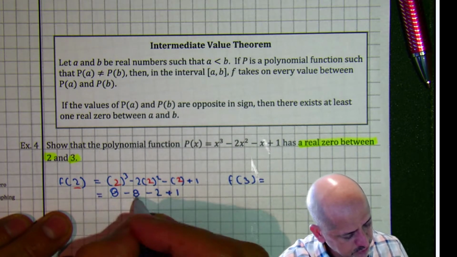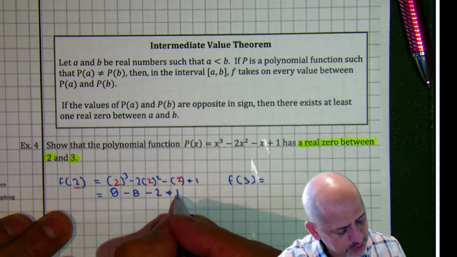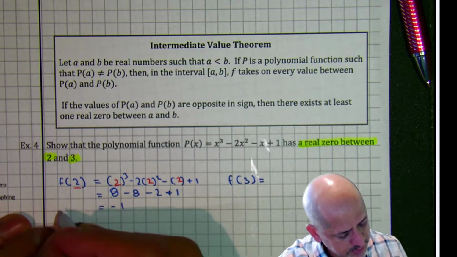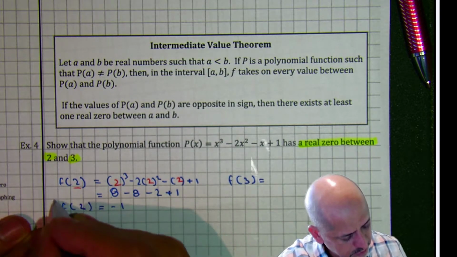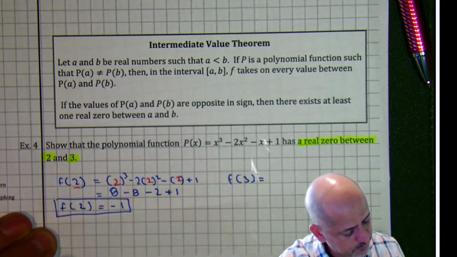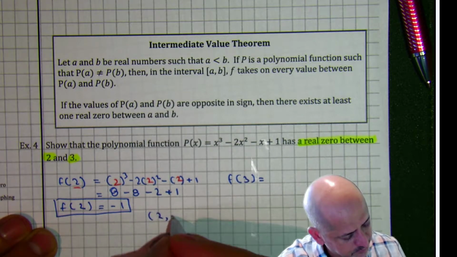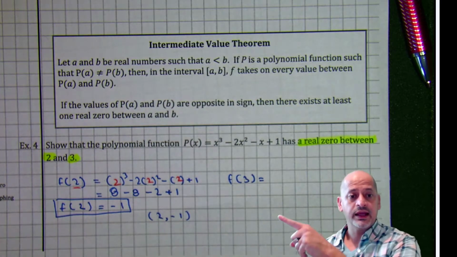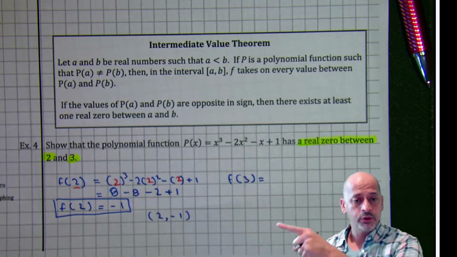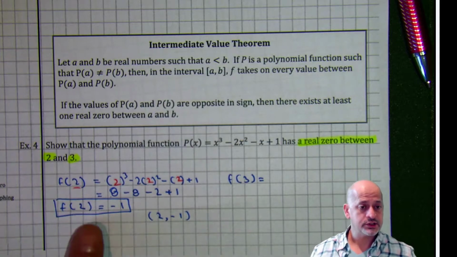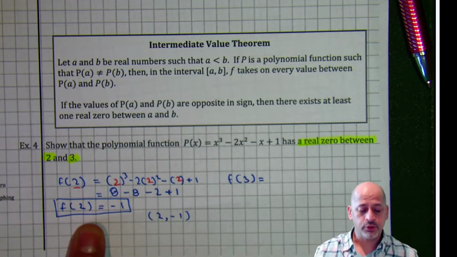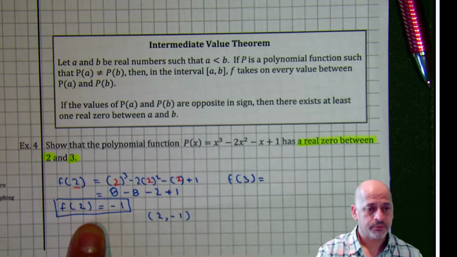So that's 0. Negative 2 plus 1 is negative 1, just like we saw in decimals. So therefore, the point is 2, negative 1. You have to keep in mind that that is a point.